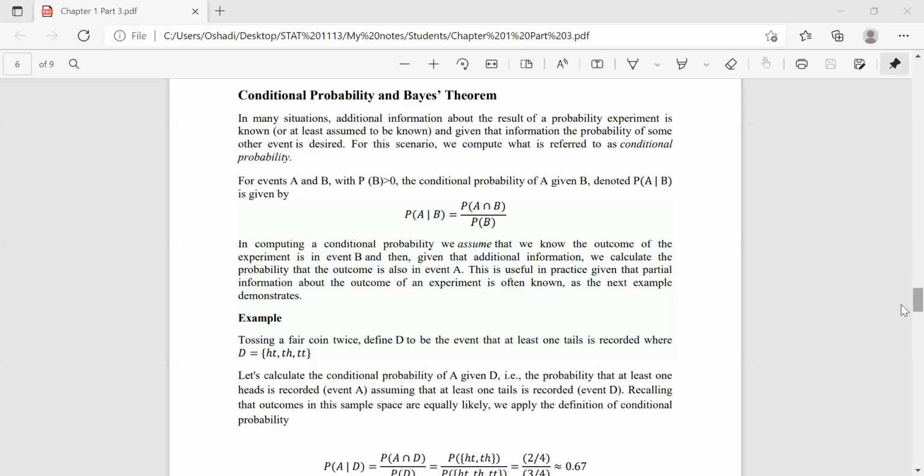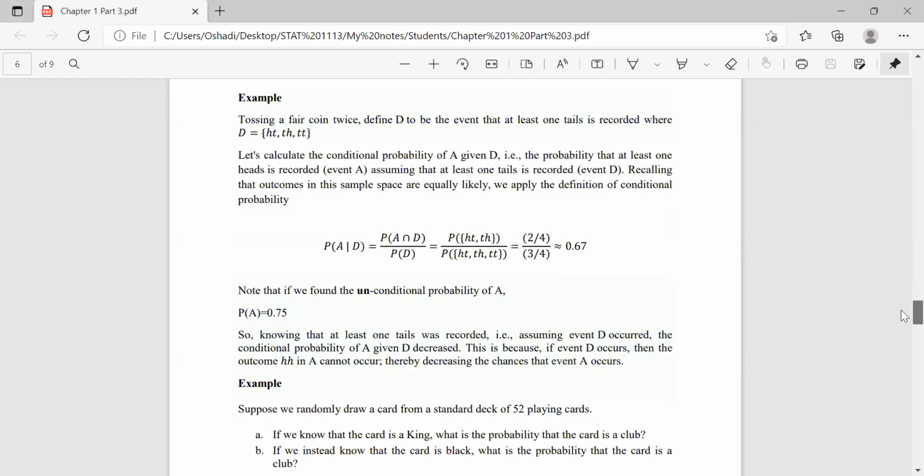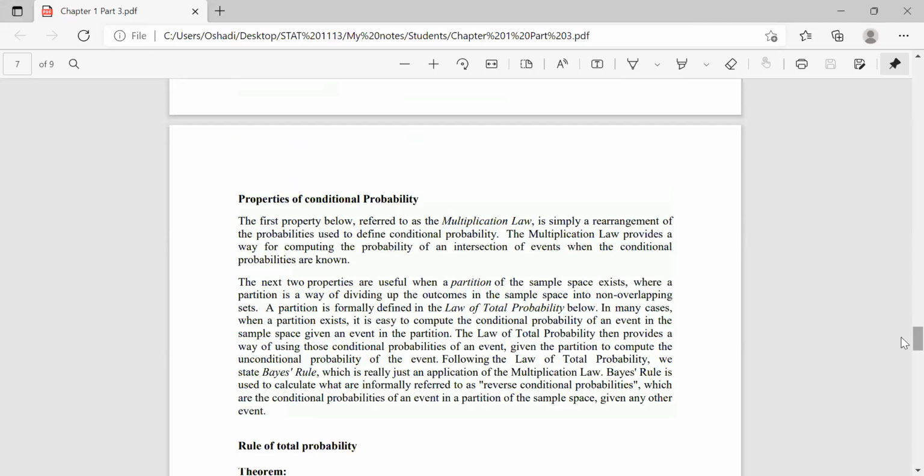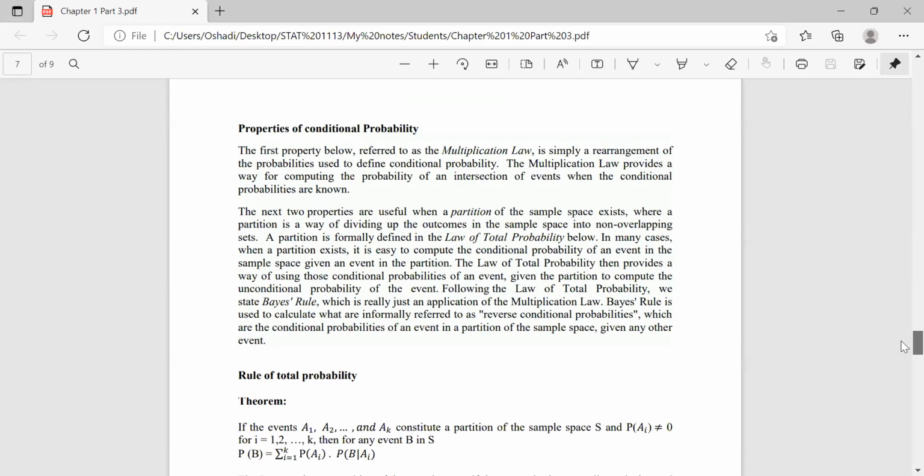So we discussed what a conditional probability is, and then its properties. Under the properties, the multiplication law we discussed earlier, and the next two properties were the rule of total probability and the Bayes theorem. Both the Bayes theorem as well as the law of total probability apply when a partition of the sample space exists.